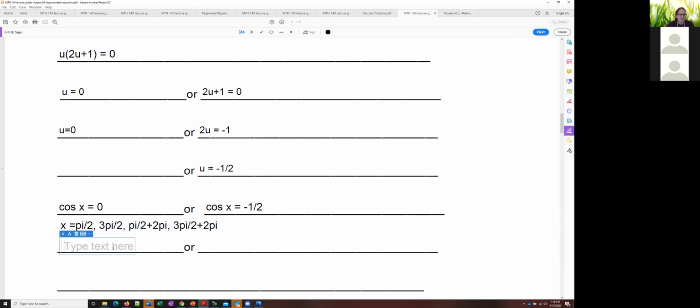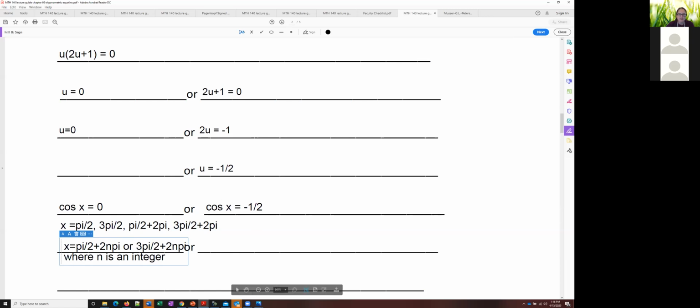So that's going to give us, in general, x is equal to pi over 2 plus 2n times pi, or 3 pi over 2 plus 2n times pi, where n is an integer. So those are the solutions for cosine x equals 0.